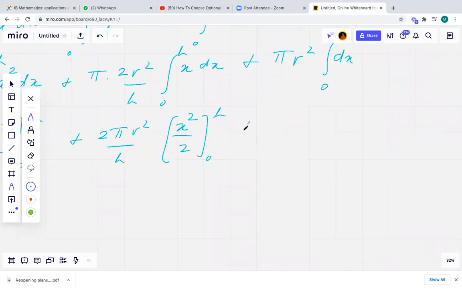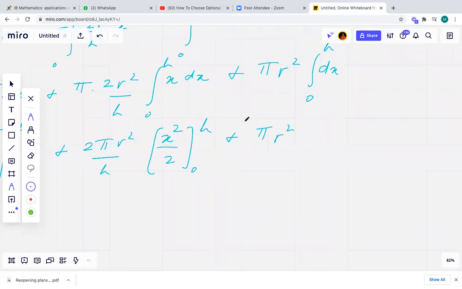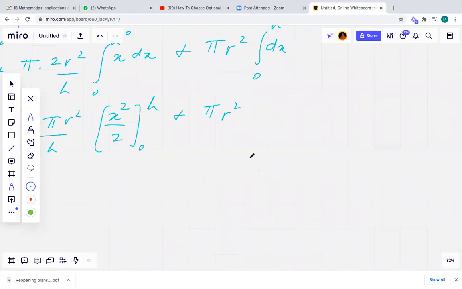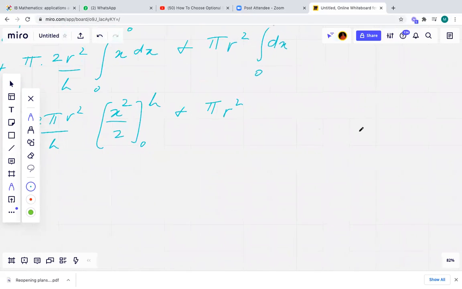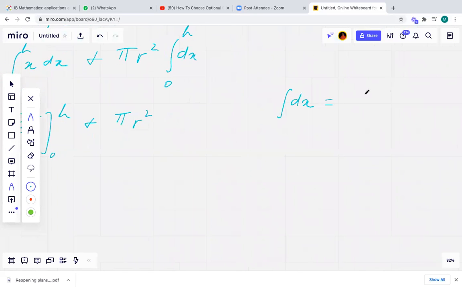Plus pi r square. Now what is integral dx? Integral dx is x. Look at this: integral dx is integral x raised to 0 dx.